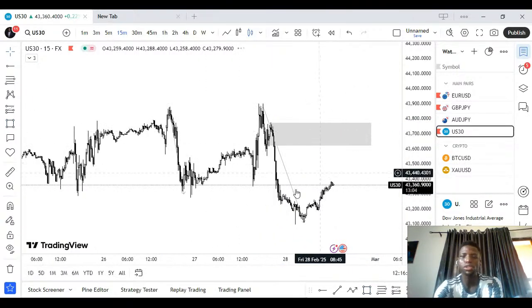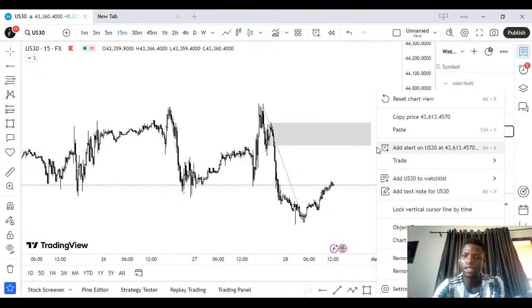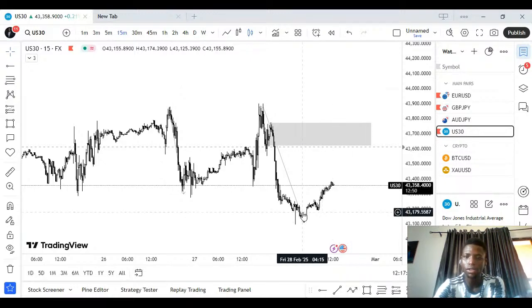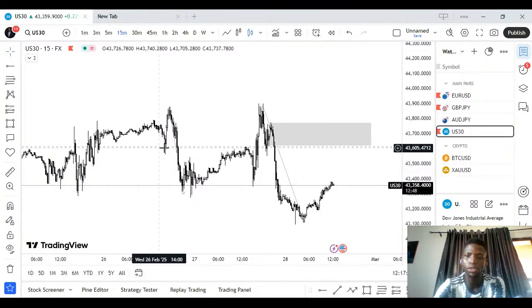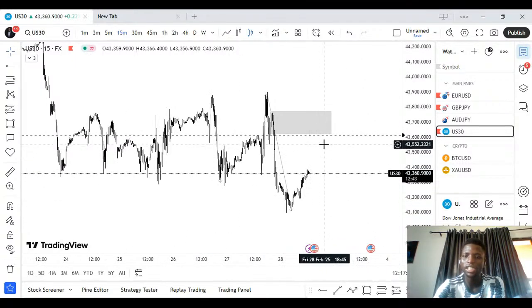So what you just do is you bring your mouse to where you want to set the alert, and you right click. Part of the options that come up is add alert on US 30 at. So you just tap it and you do create. So you see this line now, broken line. It indicates that I've set an alert. So the next time price hits that line, I'll get a notification on my phone.